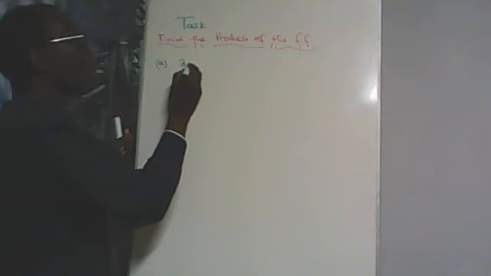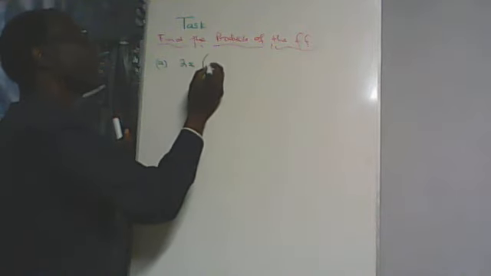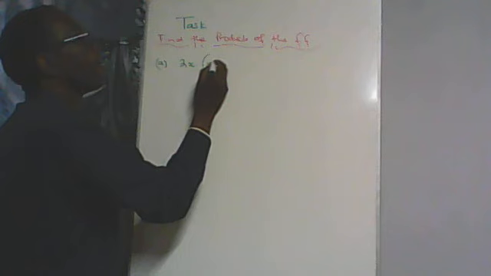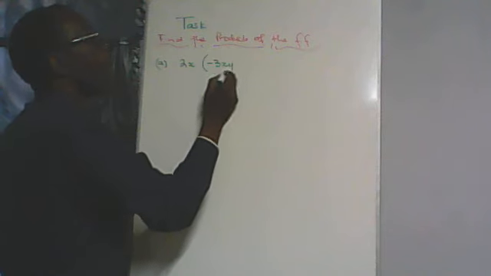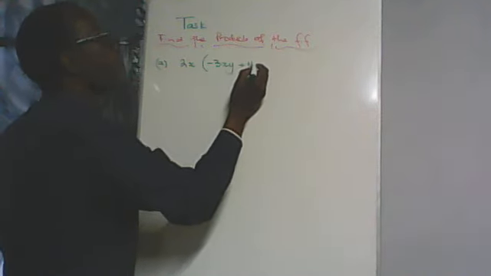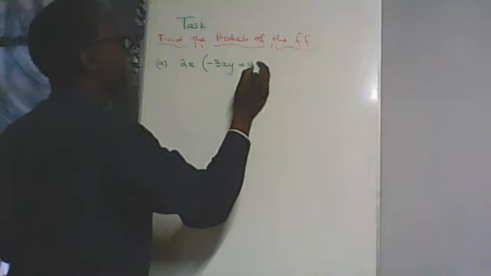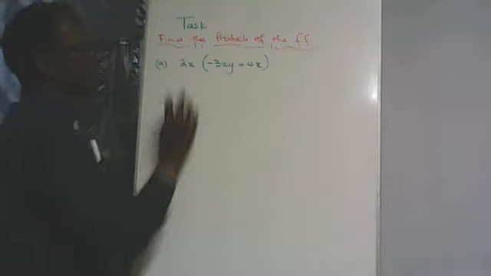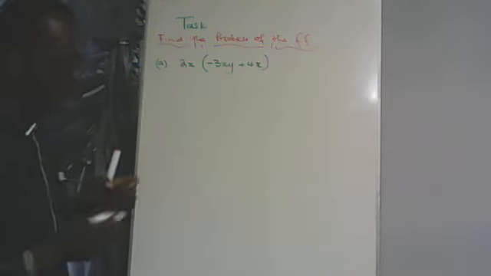We have a monomial multiplied by a binomial, minus 3xy plus 4x. That is a monomial by a binomial.